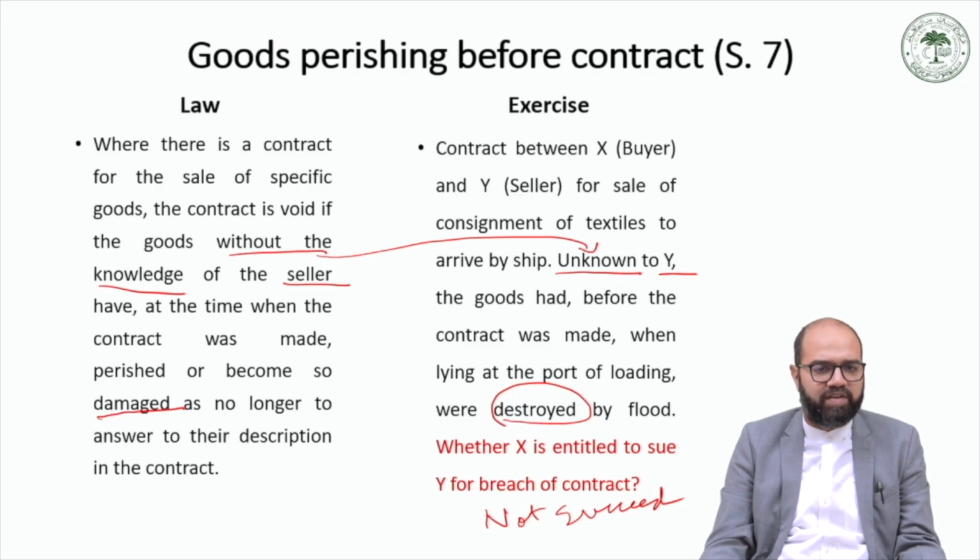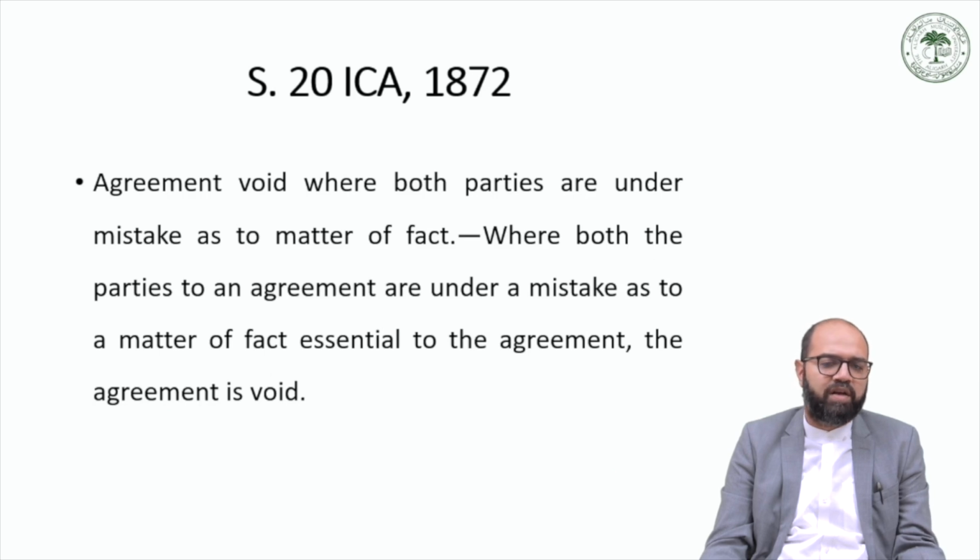Now this section 7 of the Sale of Goods Act is premised upon a provision of the Indian Contract Act which is general in nature, that is section 20. According to section 20, an agreement is void where both parties are under a mistake as to a matter of fact.